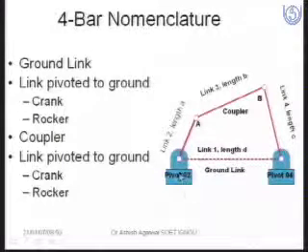This is your grounded link, which is fixed, or you can say the fixed link. This is your link 1, this is link 2, this is link 3, and this is link 4. So one link is grounded or fixed. This can be your crank, then connecting rod, and this is your reciprocating link. You can give any nomenclature depending upon the use.